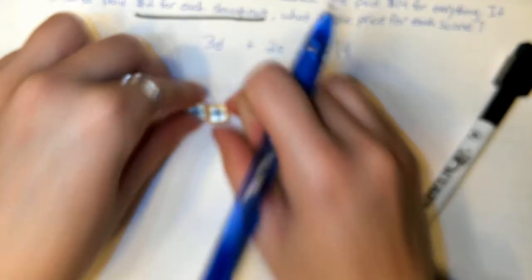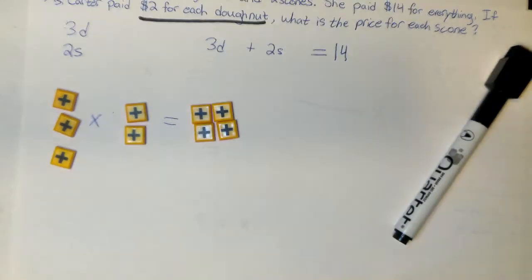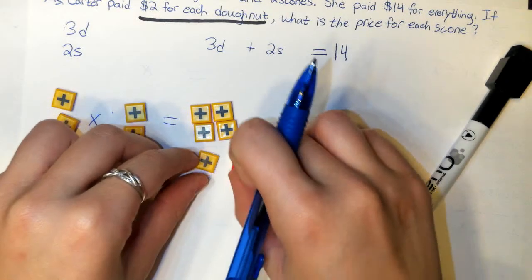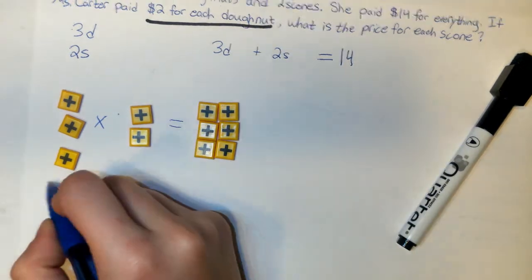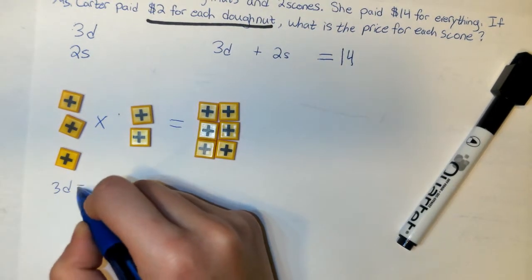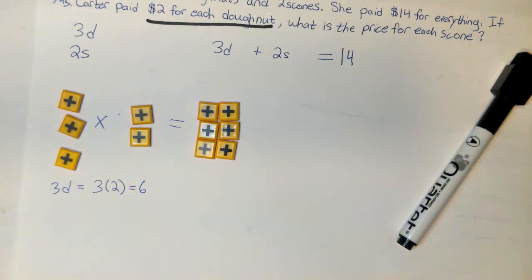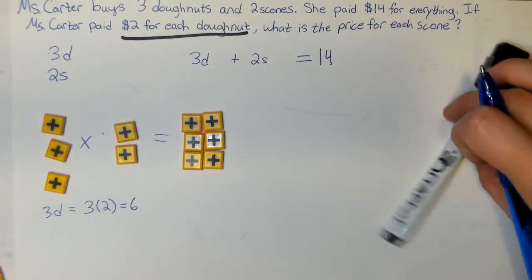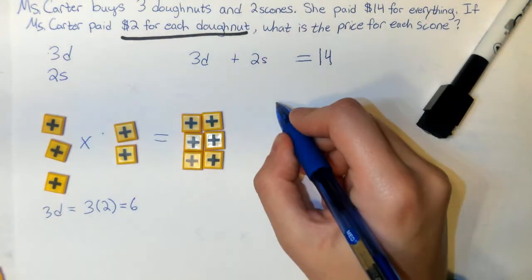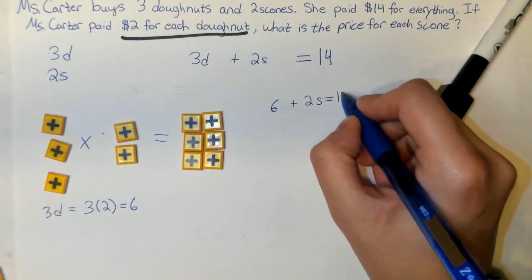So 2, 4, 6. All right. So we know that 3d is equal to 3 times 2, which is equal to 6. So this makes our equation 6 plus 2s is equal to 14.